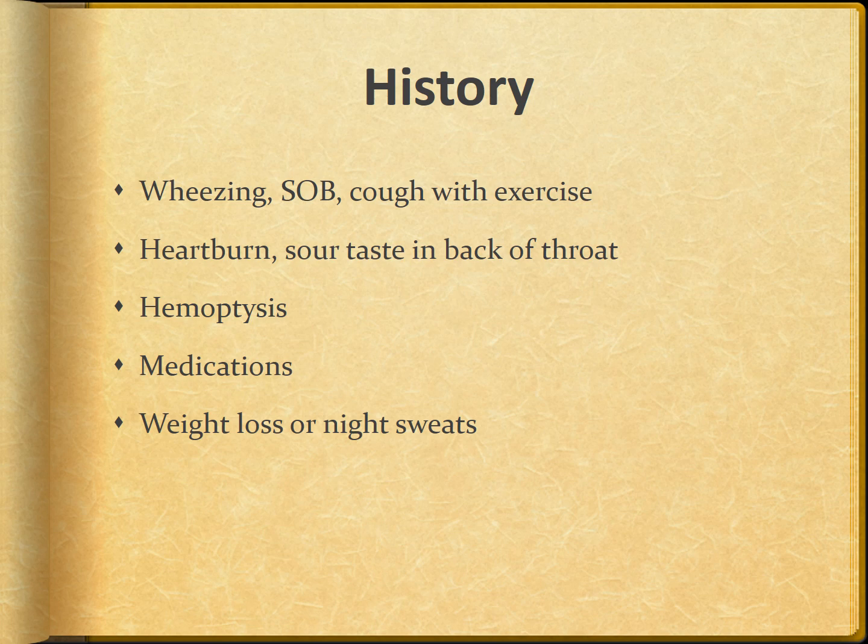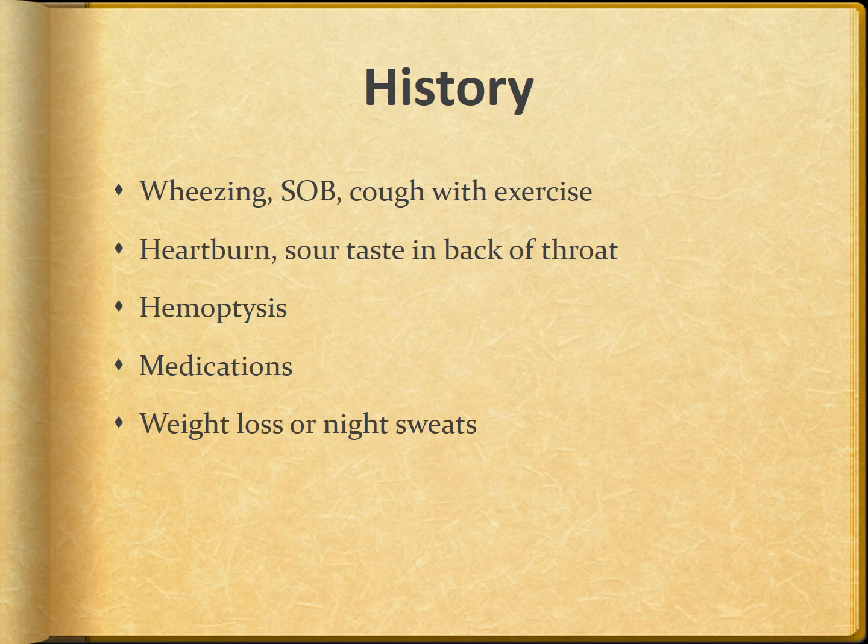So again, with history taking, ask the patient if they've had any wheezing related with a cough, any shortness of breath. Does this cough interfere with exercise? Do they have any shortness of breath when they're exercising, or do they have any cough? Is there any heartburn going on? Do they have a sour taste in the back of their throat? Hemoptysis, so coughing up blood.